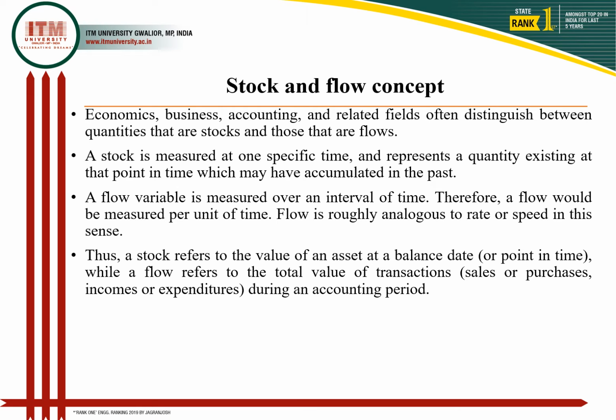Some examples of stock: the population of India at a particular date, the total number of cars in a particular state, the money supply, that is the money in circulation, the national wealth or wealth of a person, and the quantity of grains stored.